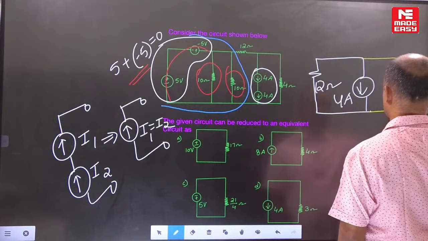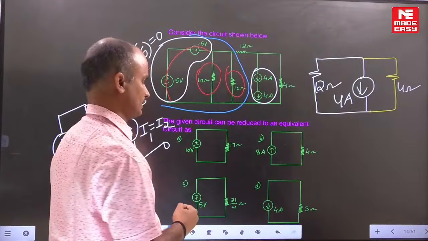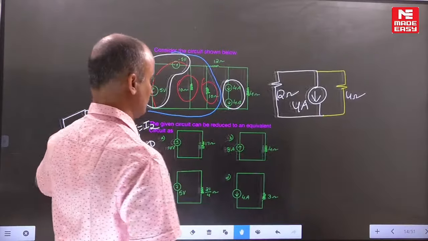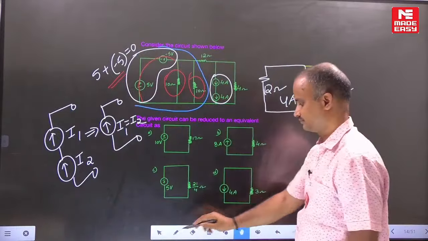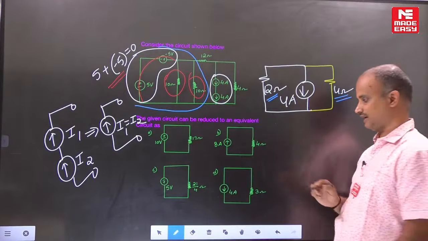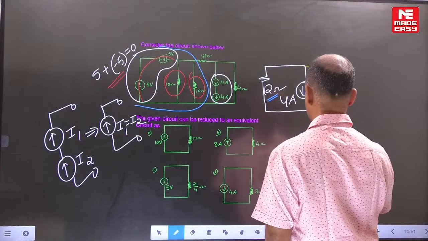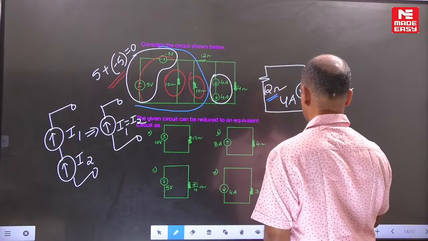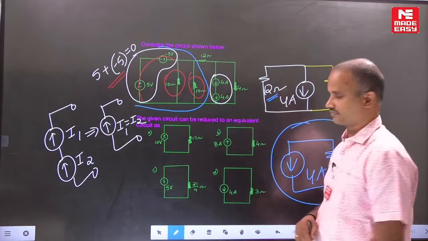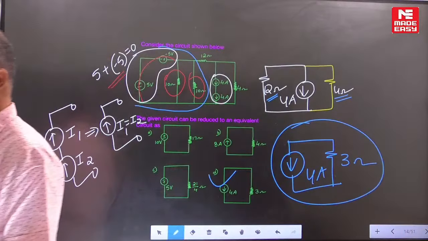If you simplify further, this 12 and 4 are both connected in parallel. The equivalent resistance is 3 ohms, but the current of this one is 4 amperes. Which one is supporting here? D.